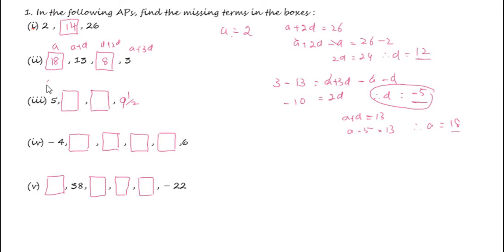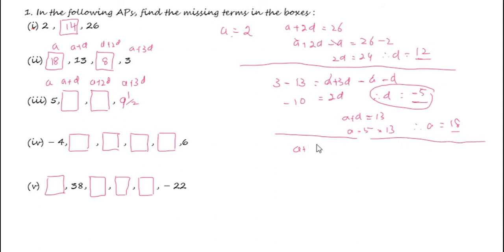In this case, this is A plus D, A plus 2D, this is A plus 3D. Let us subtract A from A plus 3D. So A plus 3D minus A equal to 9.5 minus 5.